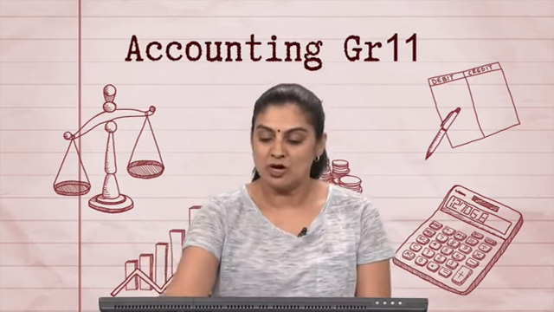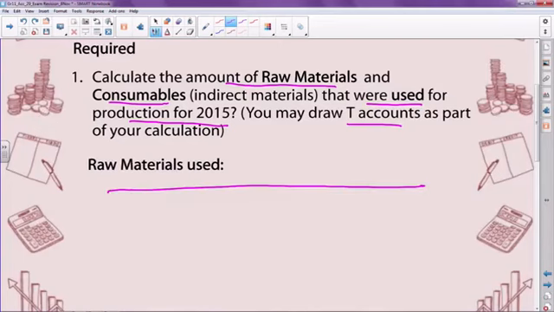So when we talk about raw materials used, remember, I can use a T account or a ledger account to help me calculate how much of raw materials were used in the production process. So which ledger account is going to help me calculate this figure? It's going to be my raw material stock account.